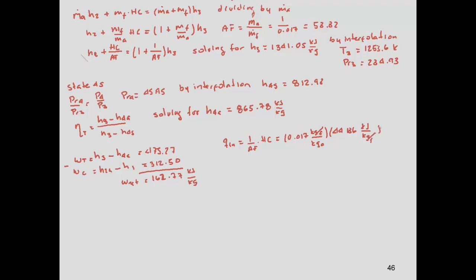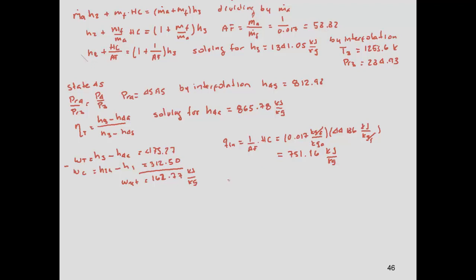We cancel this, and Q in is 751.16 kilojoules per kilogram of air.